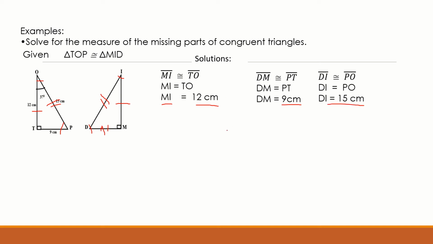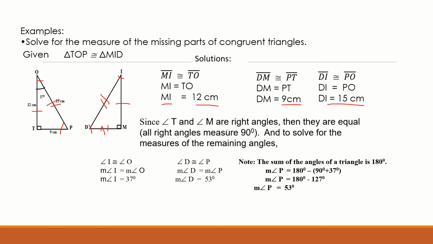Now, let us have the angles. Okay, so since angle T and angle M are right angles, then they are equal. Of course, all right angles measure 90 degrees. Okay, then we have angle I is equal to angle O. Since ang sukat ng angle O is 37 degrees, angle I is also 37 degrees.